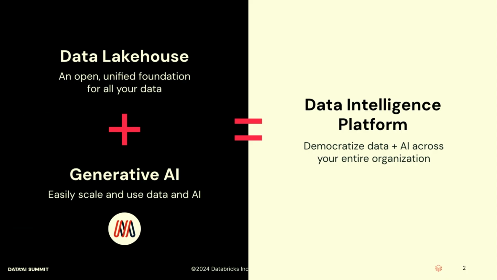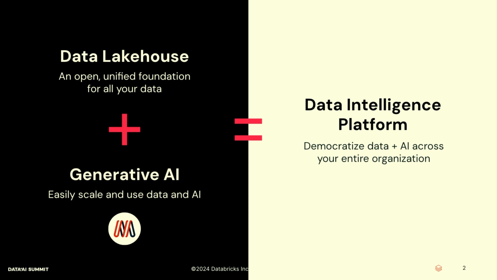Now, I am sure you all are aware by now, with every sign outside of Moscone, that the theme of this conference is data intelligence. And as Ali talked about in the keynote today, what is data intelligence and how do we apply it in our platform? Really, we took our open, unified foundation with our Databricks Lakehouse architecture, and we added all these AI services and capabilities on top of that.